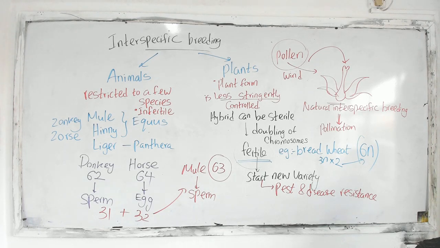Those are the breeding techniques. Then we come to certain genetic breeding principles that we use in these techniques. You have three: polyploidy, mutation breeding, and genetic modification. Polyploidy is the one you need to know in a lot of detail.